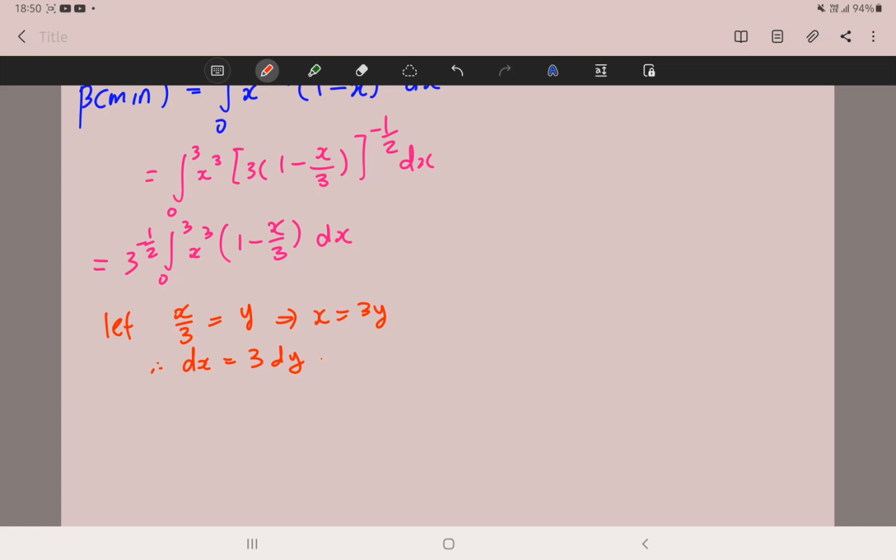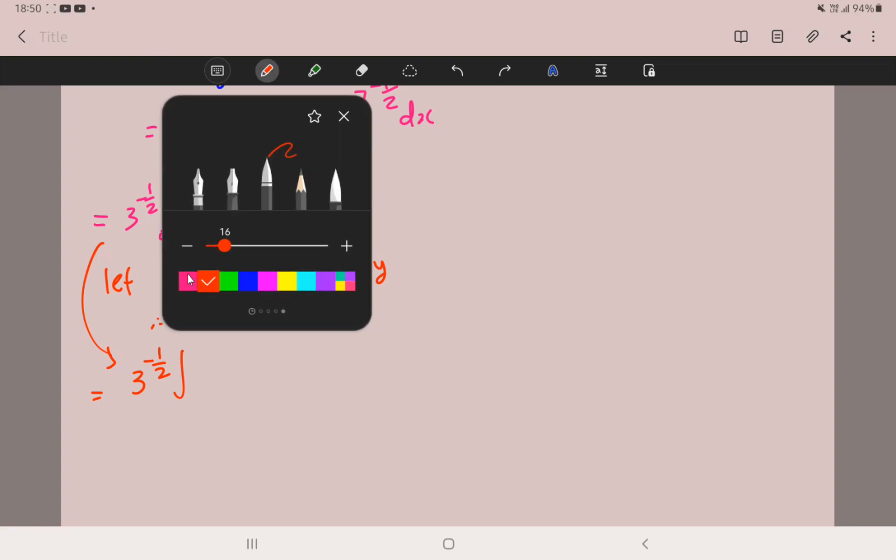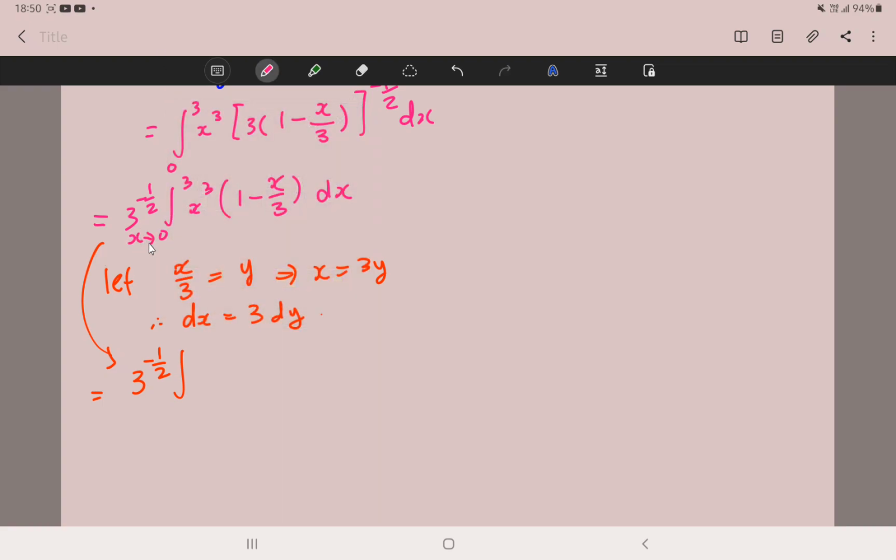When we do the substitution, don't forget to change the limit, because the integral is originally in the x variable, so we need to change it to the new variable, y.